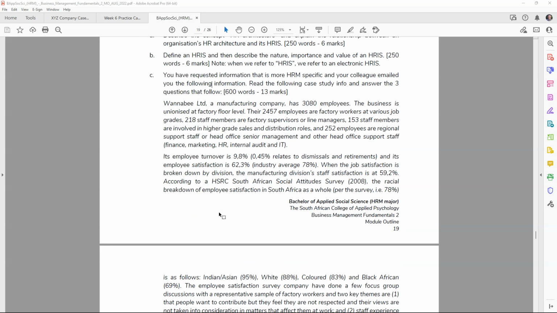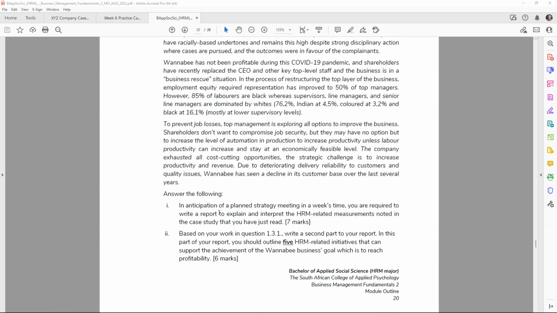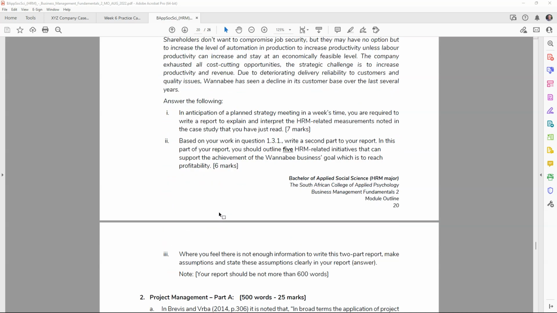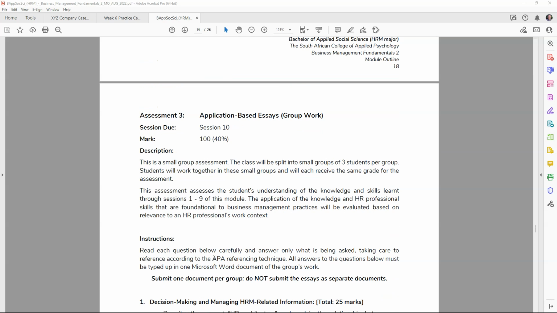As mentioned in another voice thread video, there are actually 2 questions, which is 1 and 2 there. The third one is just to prompt you to make any assumptions. So that is the case study for the assessment.